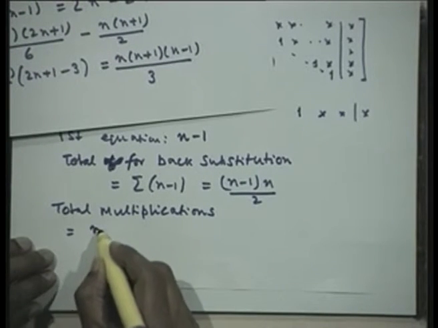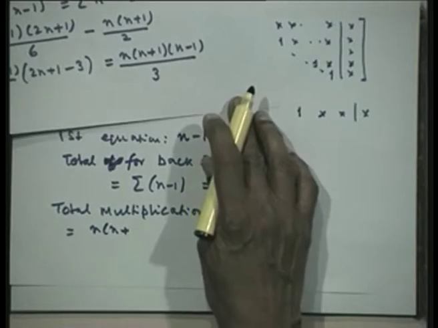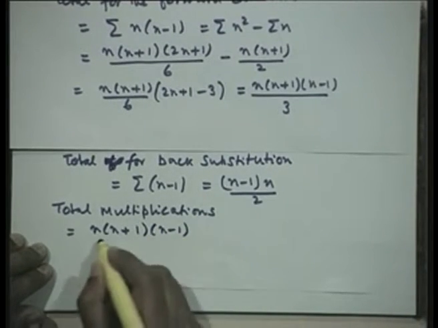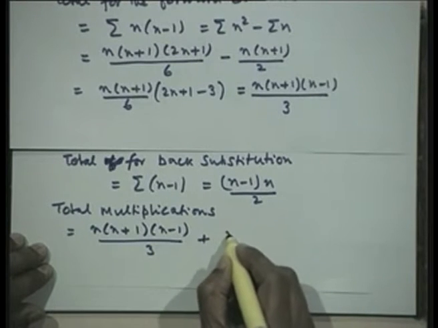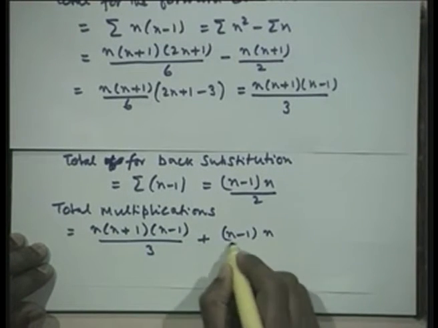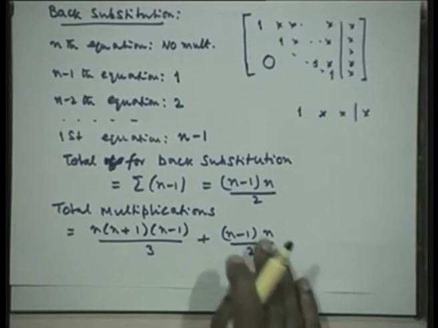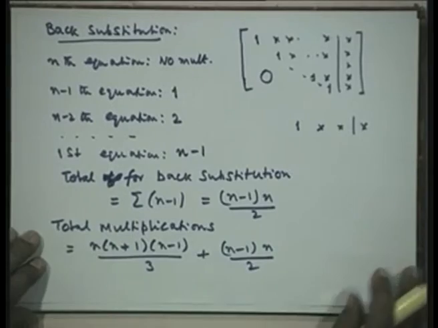So, I will have here n into n plus 1, n minus 1 by 3, plus n minus 1 into n by 2. So, this will be the total multiplications in our Gauss elimination procedure.